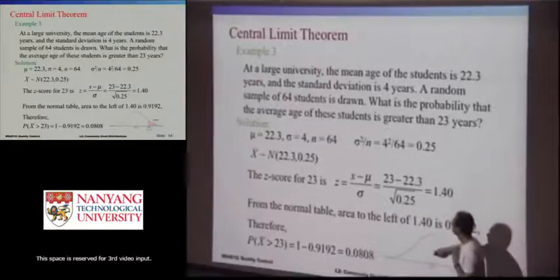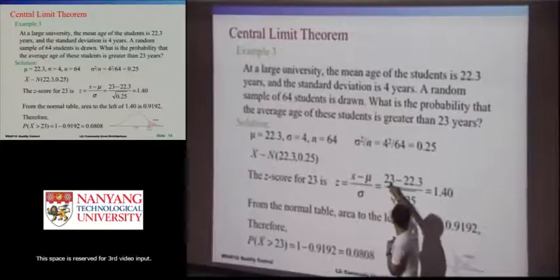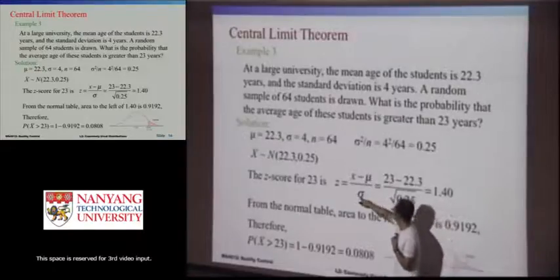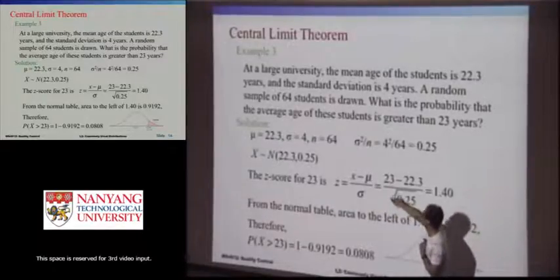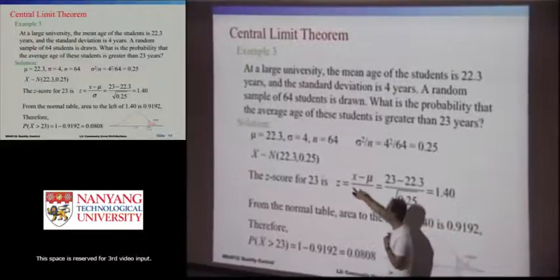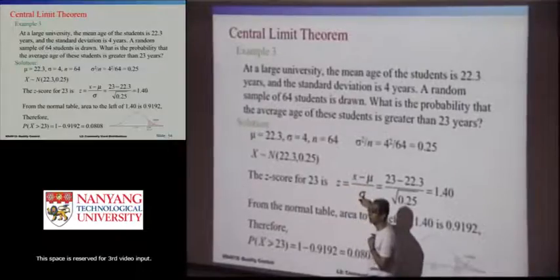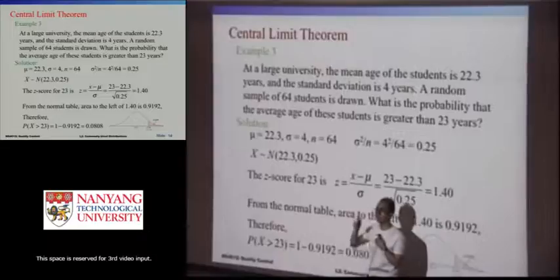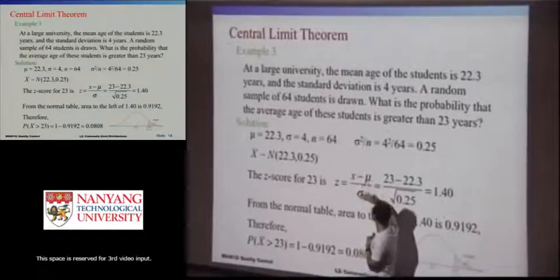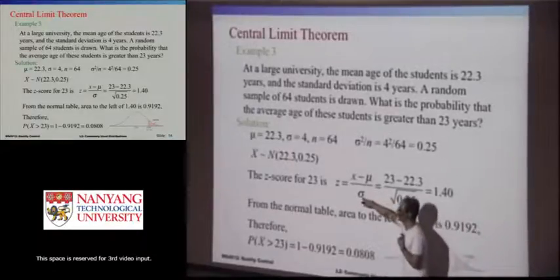Then we calculate the z-score. Here x is 23, this is mu x bar, and this is sigma x bar. We take the square root to get sigma x bar, right? When you calculate the z-score, you get x minus mu divided by sigma, and all of this must be consistent. You cannot use mu when the distribution is about x bar and then plug in sigma x.